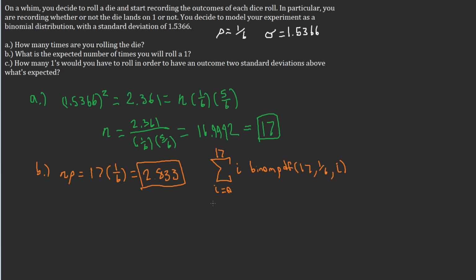And so generally, when we're reporting things like mean or standard deviation, we will report it with the decimal values, with the understanding that it's not possible to roll 2.833 ones in this experiment. It's more open to interpretation. So the most likely occurrence here is going to be that you roll 3 ones, for example.